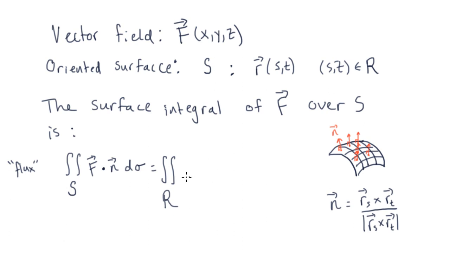So what's going to be left is we're going to be looking at the vector field. Of course, we want to evaluate at the parameterization. So plug in x of s,t, y of s,t, z of s,t, etc. And then we dot with, well, the normal vector. And now not the unit normal vector, just the vector that we know is normal. So the cross product of the two partial derivatives of our parameterization.